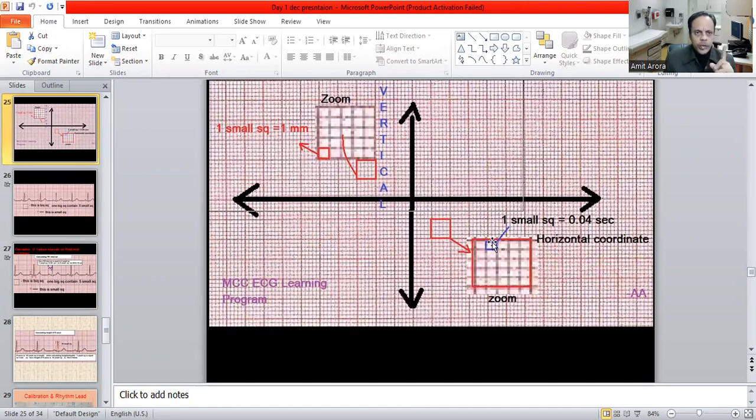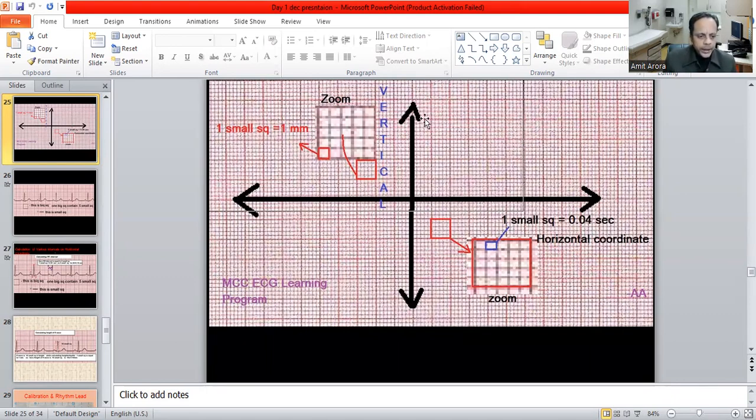One small square, while measuring the interval or time, will be equal to 0.04 seconds, as I have mentioned here clearly. You have to remember this.